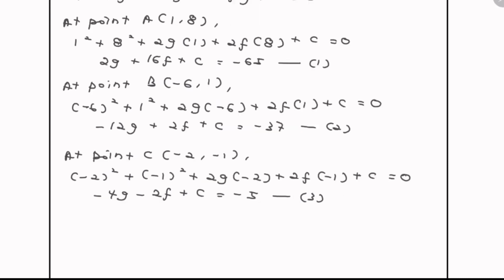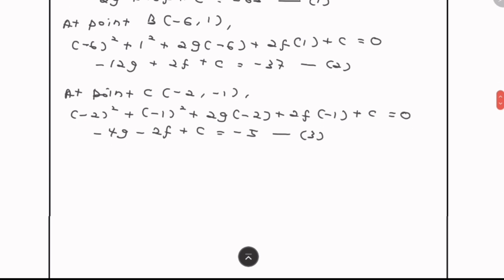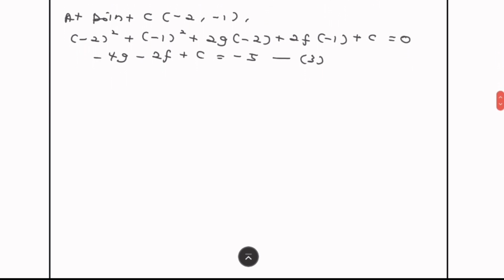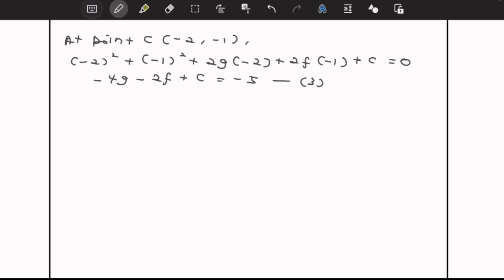So now we have three equations. Let's do the simultaneous equation solving. Let's start with equation 1 minus equation 2. So we're supposed to get 14g + 14f = -28.